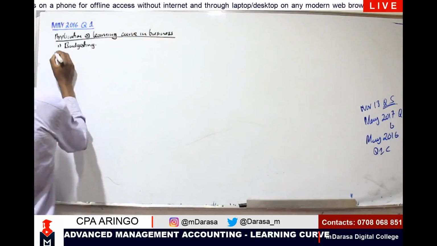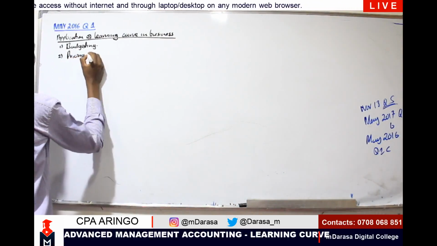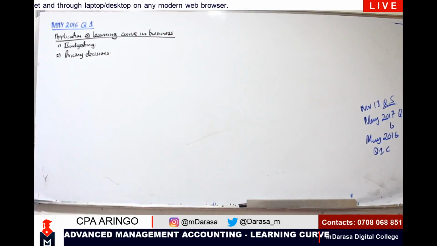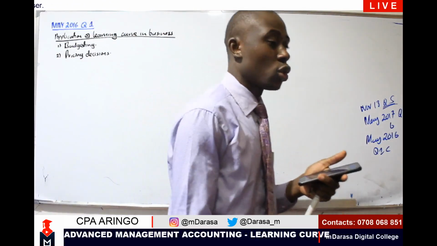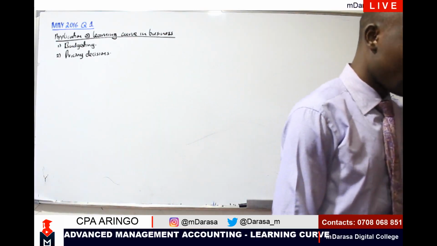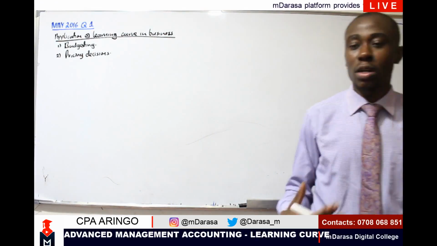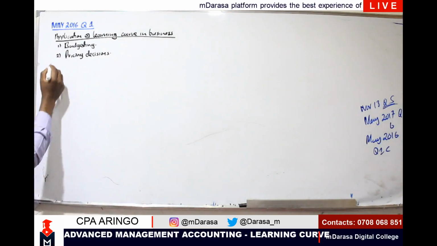An ability to forecast cost reductions is going to assist us in coming up with proper pricing decisions. So that is number 2 application of learning curve.